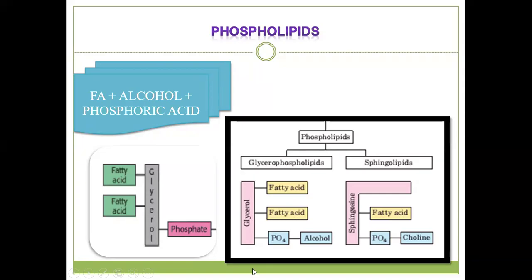Another group can be attached, but before that, let's just assume a phosphate group, and we said it is called phosphatidic acid. Phosphatidic acid is a precursor for the synthesis of any phospholipid.